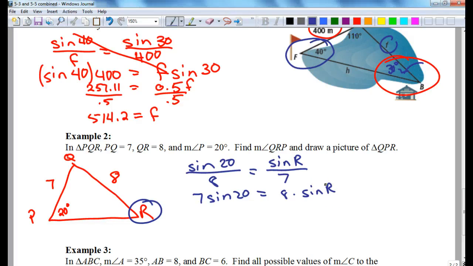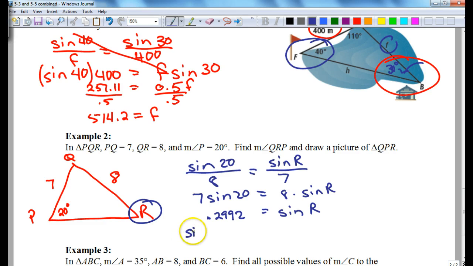Okay, so 7 times sine 20 divided by 8 is 0.2992. So now I got it down to sine R. How do I find R? Inverse sine.